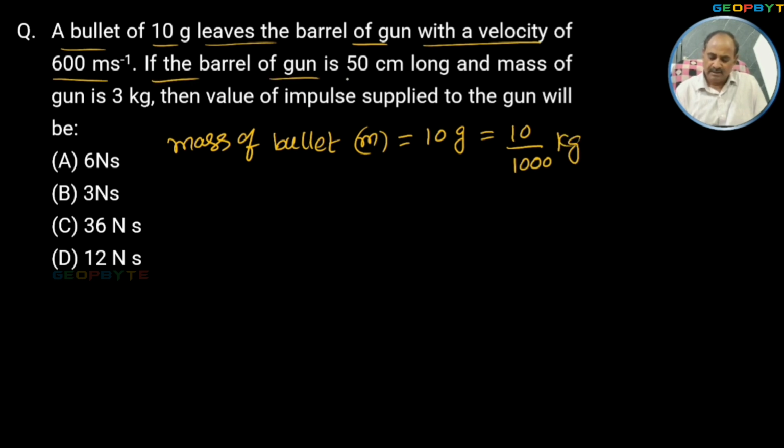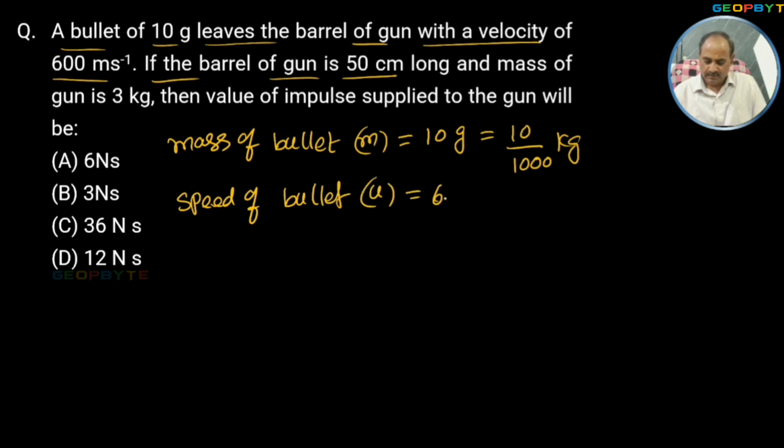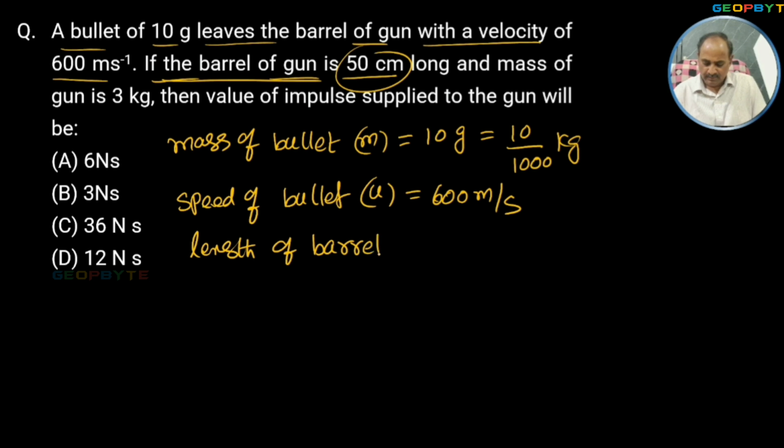The speed of the bullet u equals 600 meter per second. Now come to the barrel. The barrel of the gun is 50 centimeters long, equal to 0.5 meters.